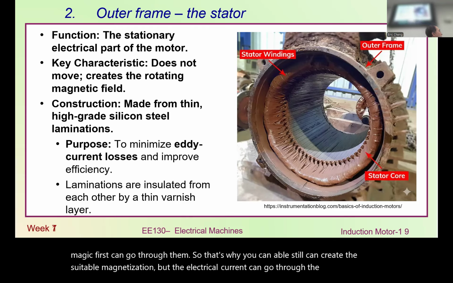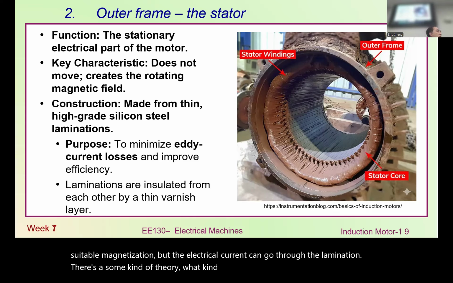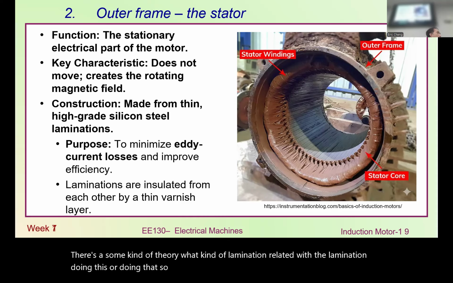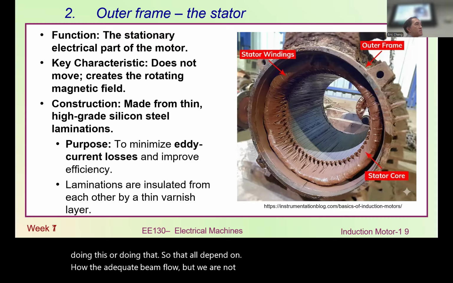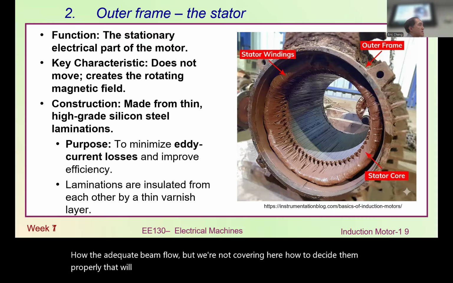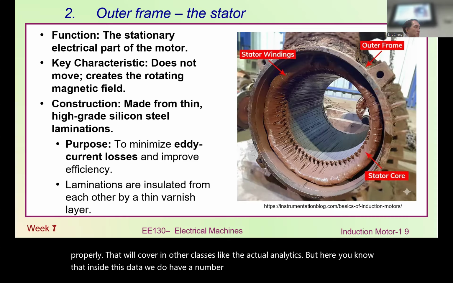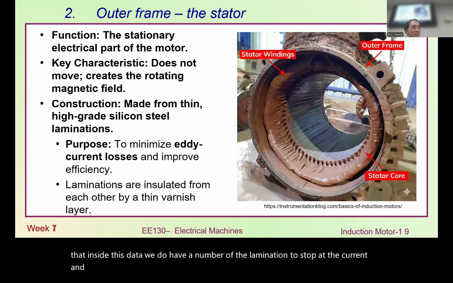There's some theory on what kind of lamination we need, and that all depends on how the eddy current flows. But we're not covering here how to design them. Probably that will be covered in other classes like electromagnetics. But here you know that inside the stator, we do have a number of laminations to stop eddy current. The thickness of the lamination will be according to the skin depth for the design.